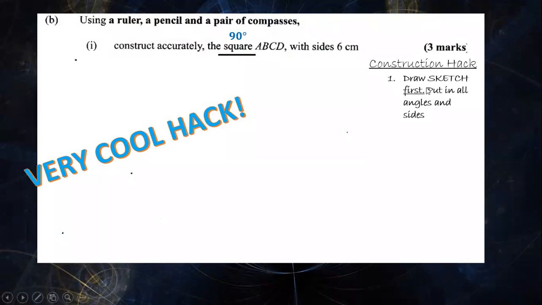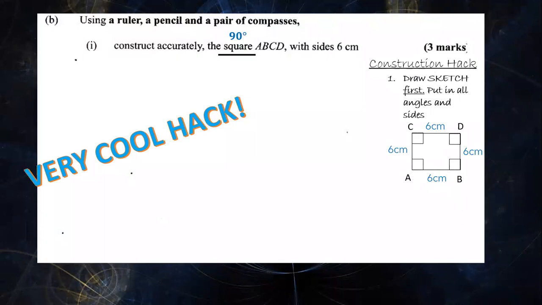You should draw a sketch first of the drawing and put in all the angles and the sides that you need to. For example, like this, I'm putting in all the angles, the sizes, and all the names.